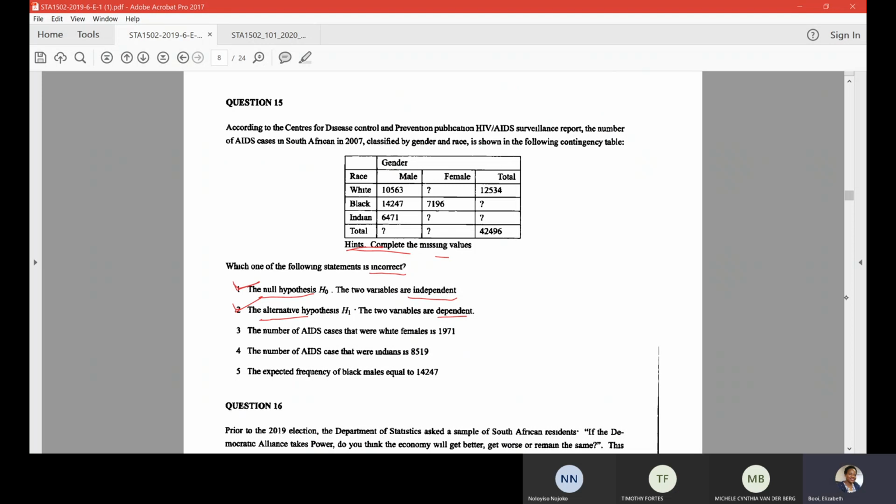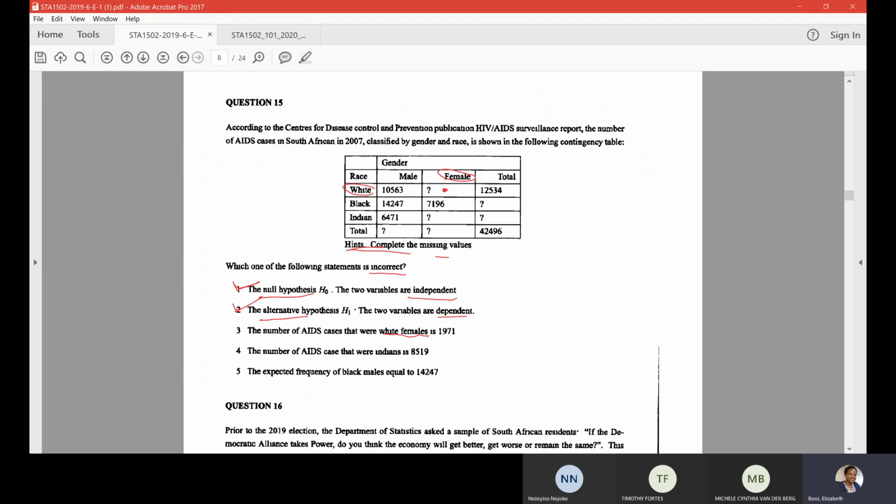The number of cases that were white females is 1,971. So these are observed values. They're saying the white females, so we're going to look at race, white, and female. So which is this missing information. You see how important it is to have completed the table.